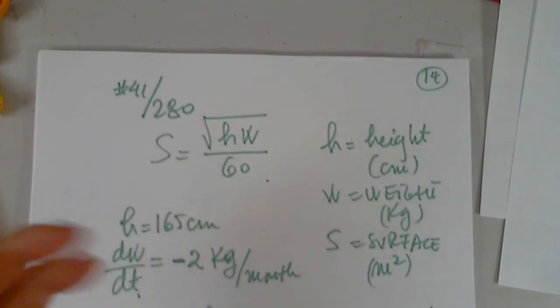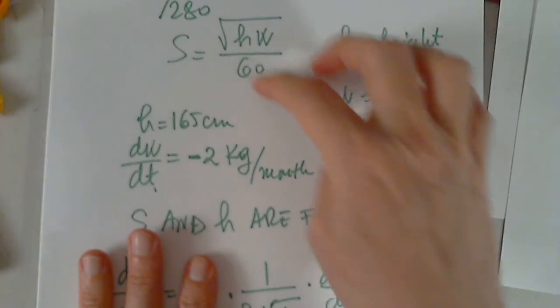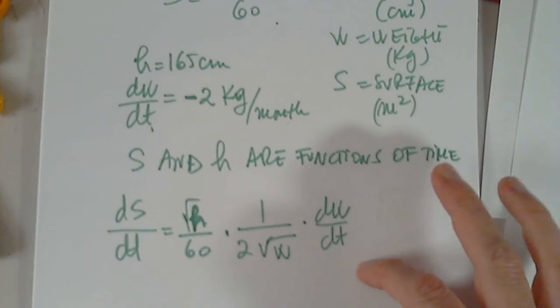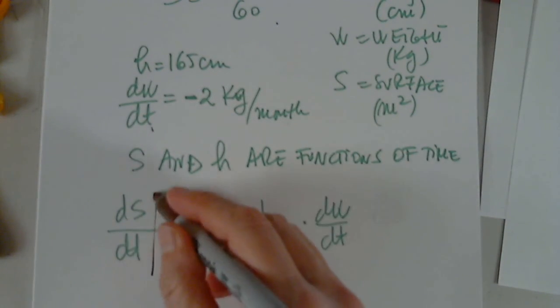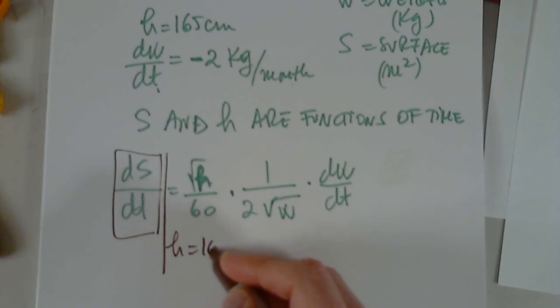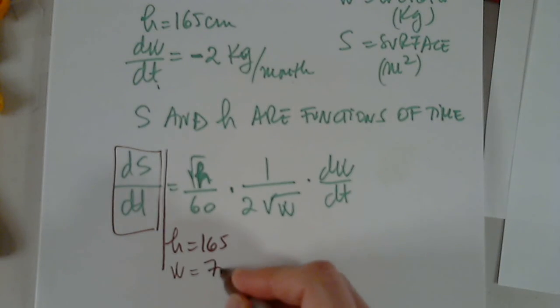I was told that the height is a constant, and 60 is a constant, so I took that out in front. And now I'm only differentiating the square root of W, which is 1 over 2 the square root of W times dW over dt. So the question is asking us to determine this when the height is 165 and at the instant she weighs 70 kilograms.